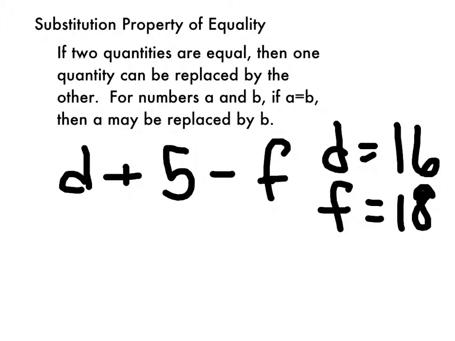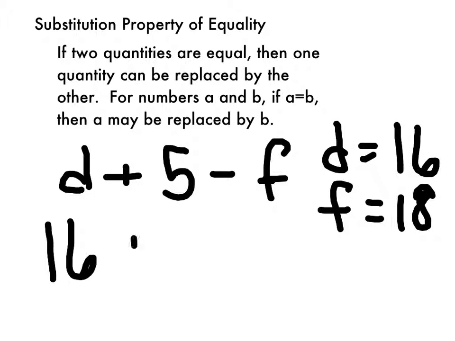Because f equals 18, that's my a equals b in the property of equality, I can substitute that 18 in for f. Let's just show it, because that sounds still a little confusing. So I substitute in the 16 for the d in d plus 5 minus f.